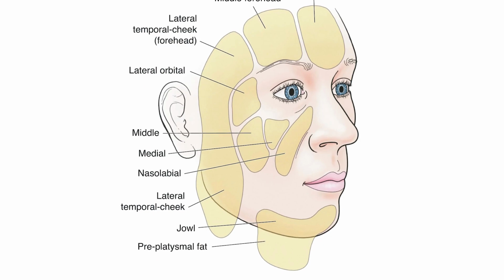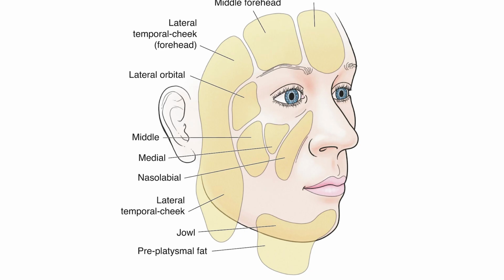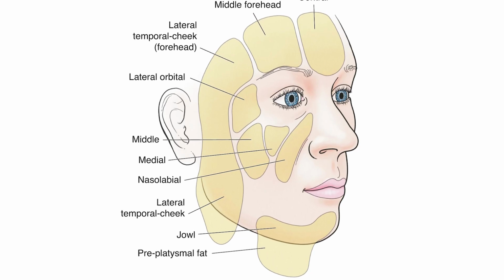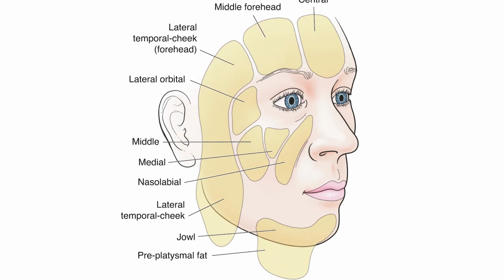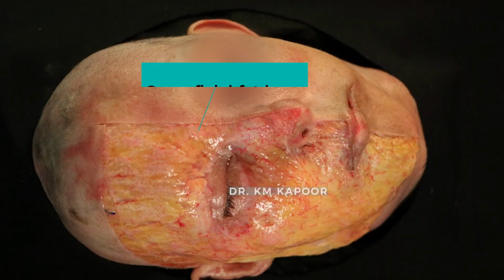These fat pads are not a uniform mass, but they are separated into distinct anatomical compartments. Each of these compartments is independent and has its own boundaries. Understanding these boundaries and the function of each fat compartment is very crucial for performing targeted, effective injectable treatments.